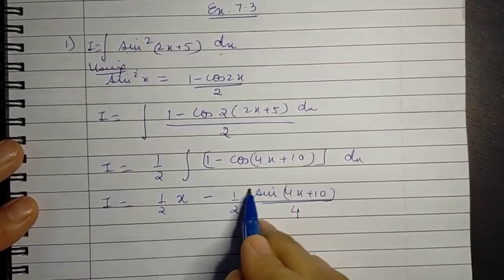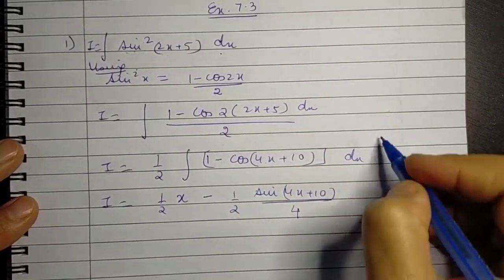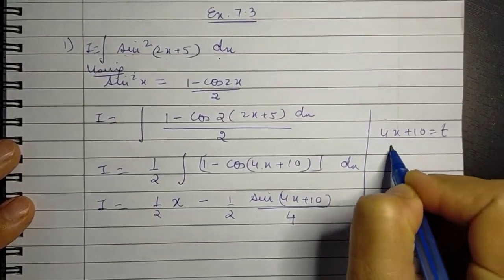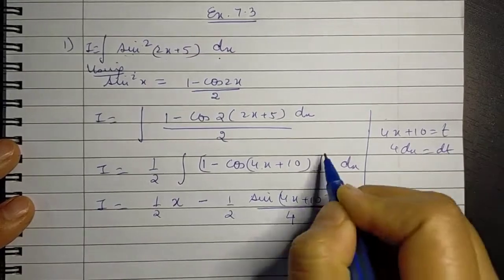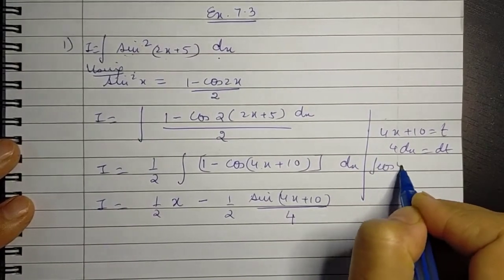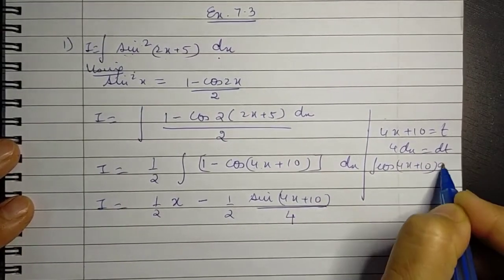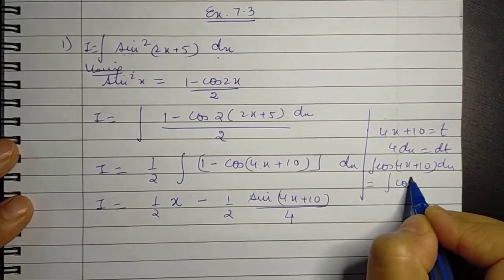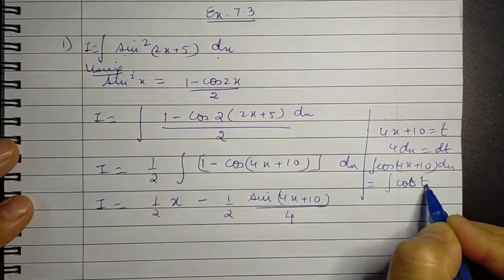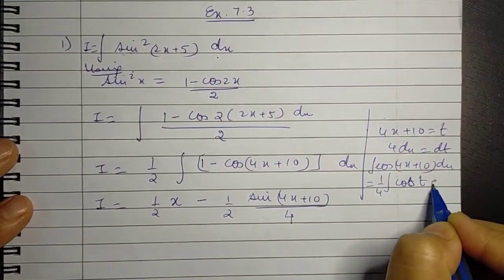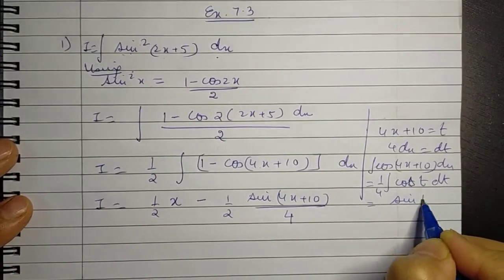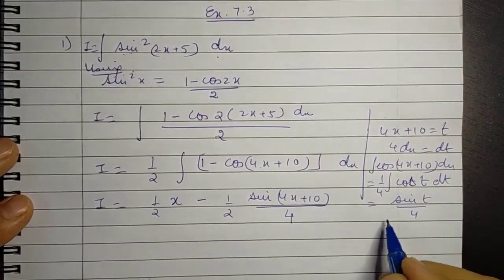Or this step can be brought about by using substitution, that is, you put 4x plus 10 equal to t, 4 dx is dt, and then integral of cos(4x plus 10) dx becomes equal to integral of cos t upon 4 into dt, which is sine t upon 4.